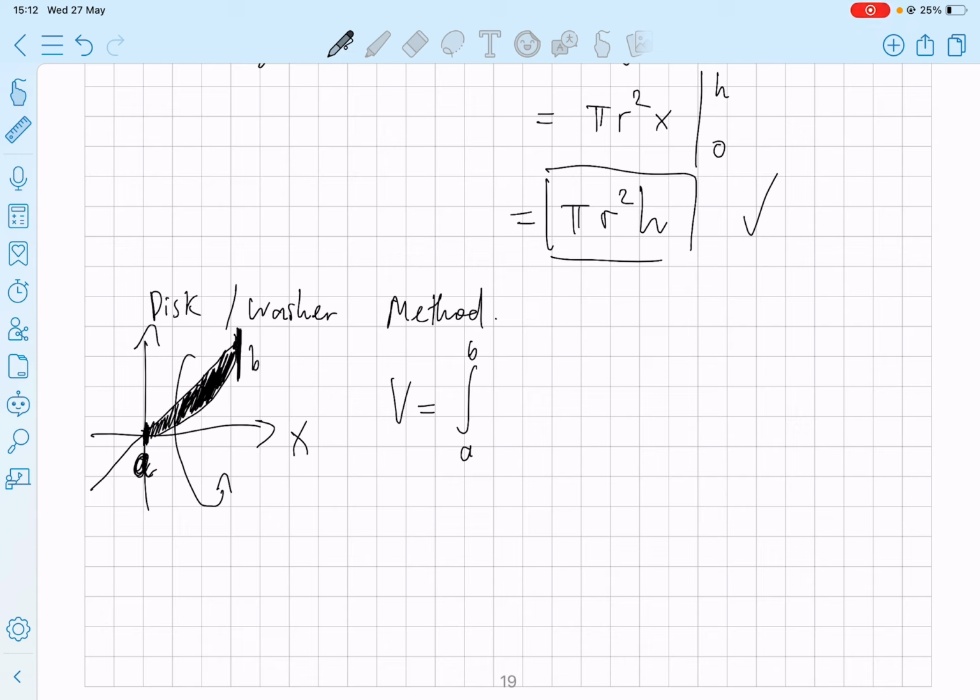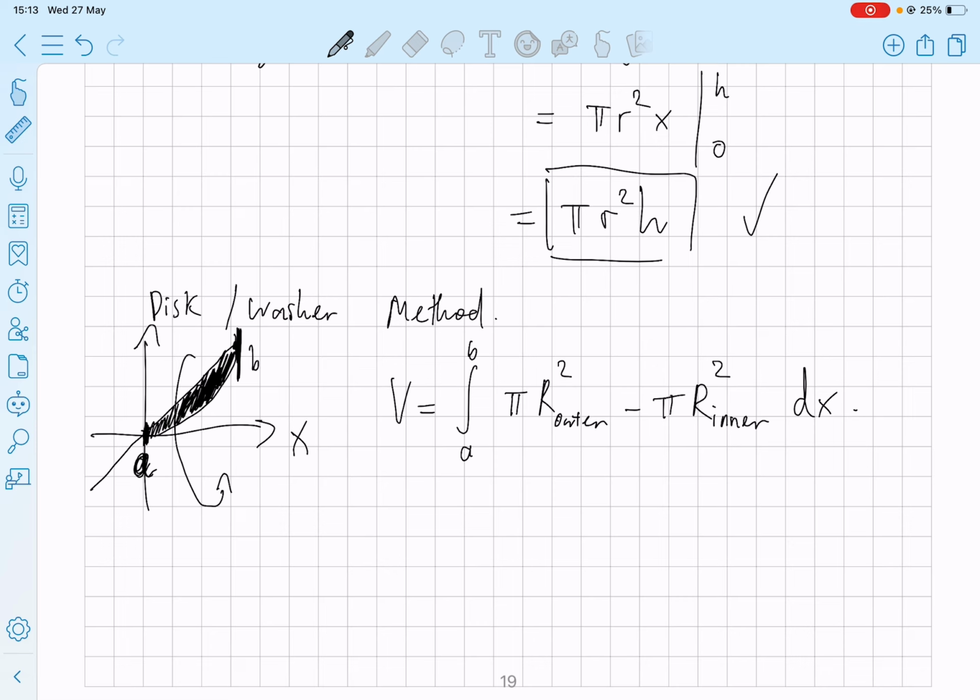Inside the integral, it is pi times the outer radius squared minus pi times the inner radius squared, dx.